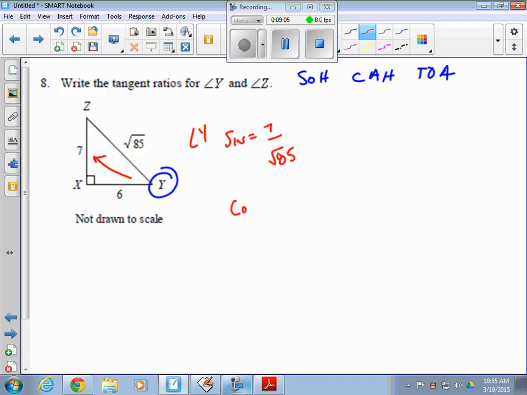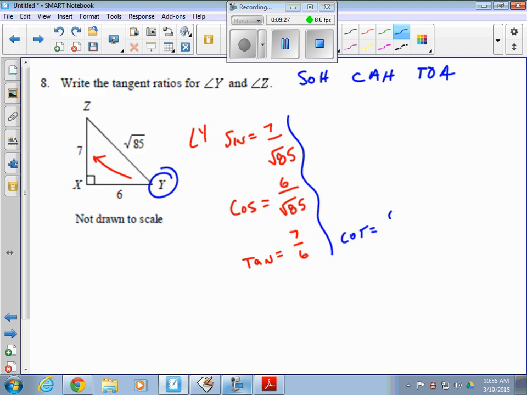Your cosine is the adjacent, 6, over the hypotenuse, square root of 85. And your tangent is your opposite over your adjacent, 7 over 6. When you do the secant, cosecant, and cotangent, remember, cotangent goes with tangent.